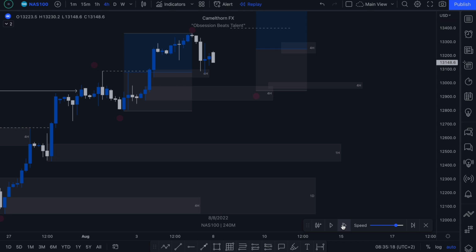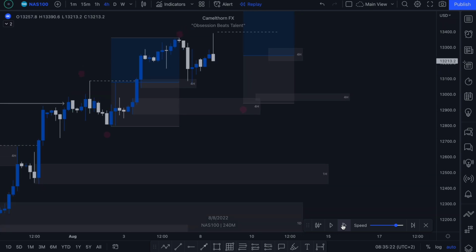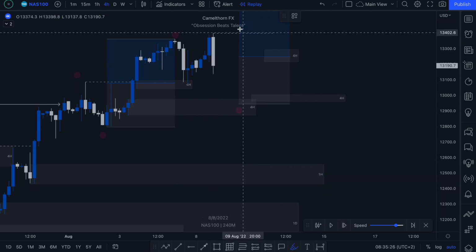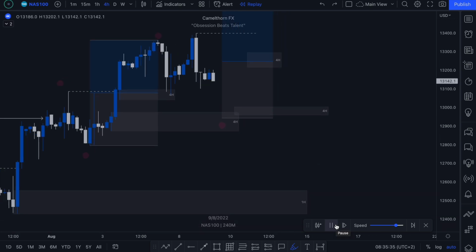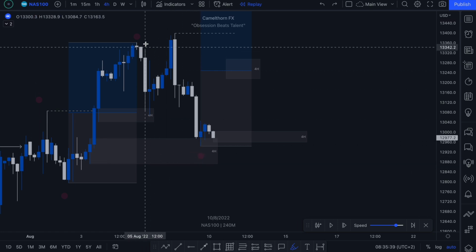We get a nice bullish reaction off of that 4-hour demand zone. And then what does price action do? It goes ahead and trades ever so slightly above this high before completely rolling over once again to mitigate the demand zone that sits a little bit lower.